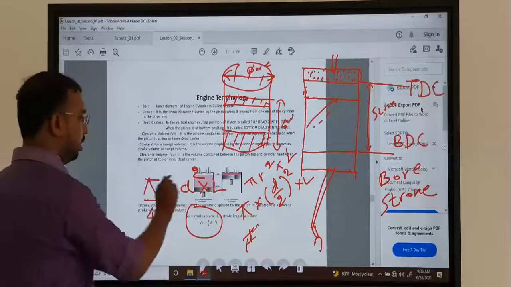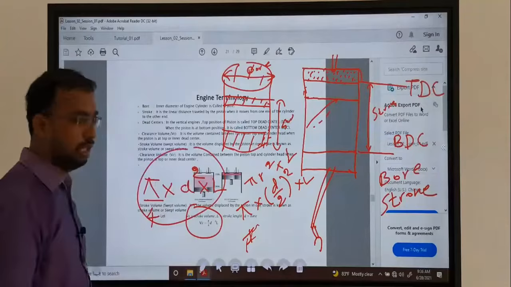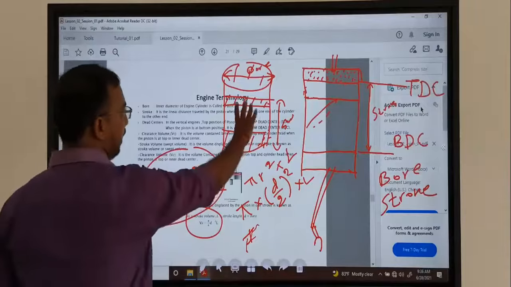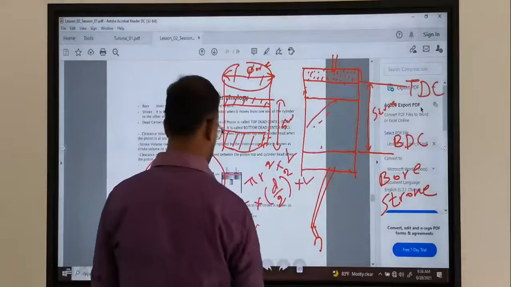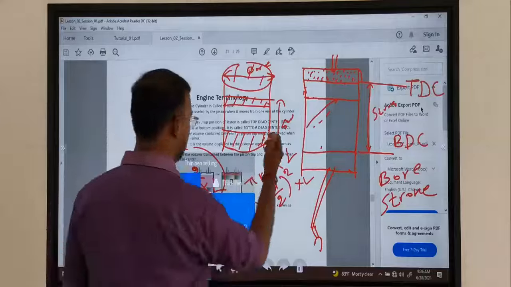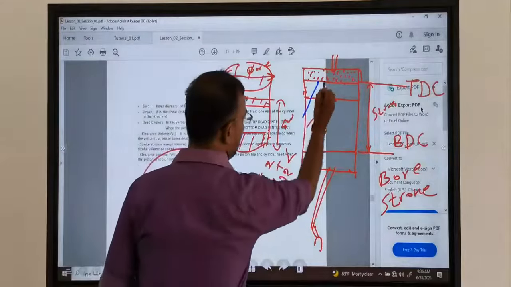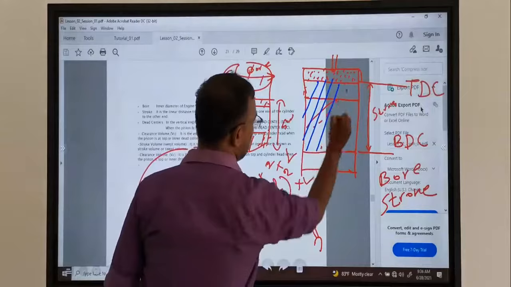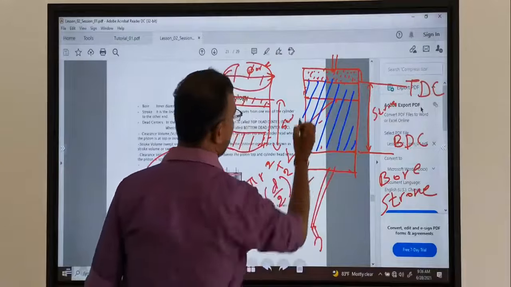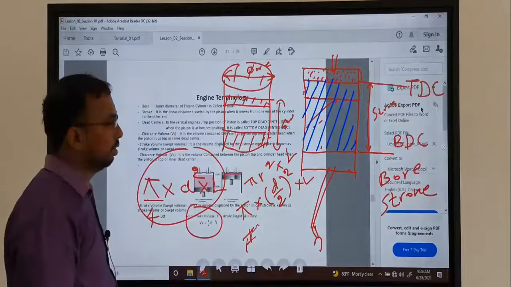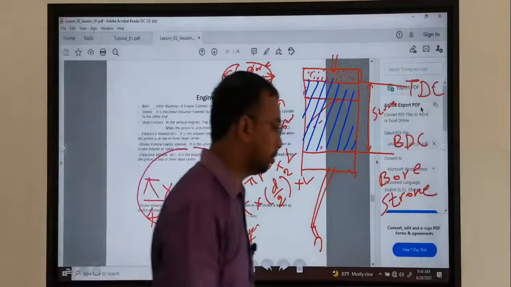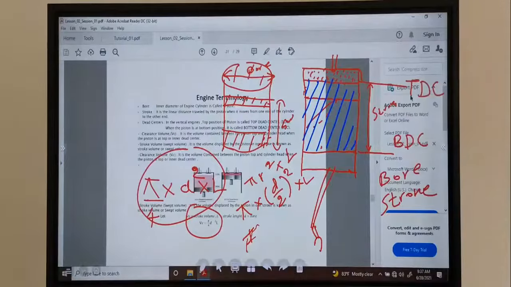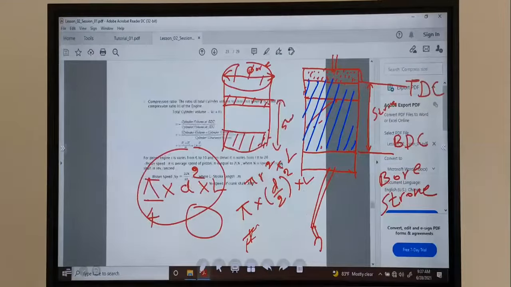This is the complete stroke volume. So we can find this volume from here to here. Now the second thing we have to study is the clearance volume.